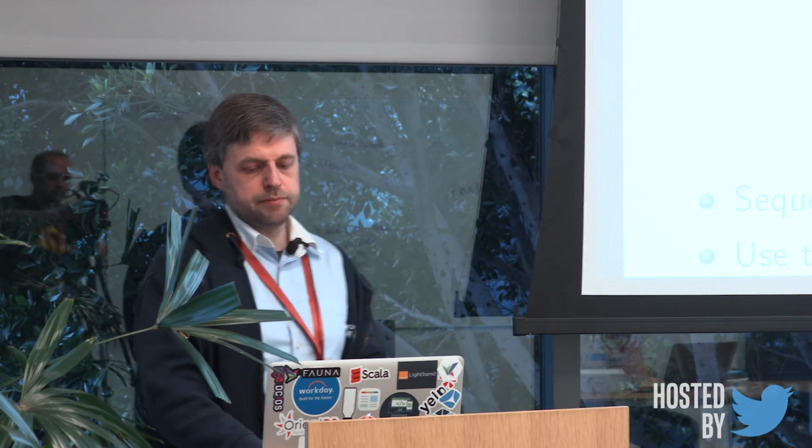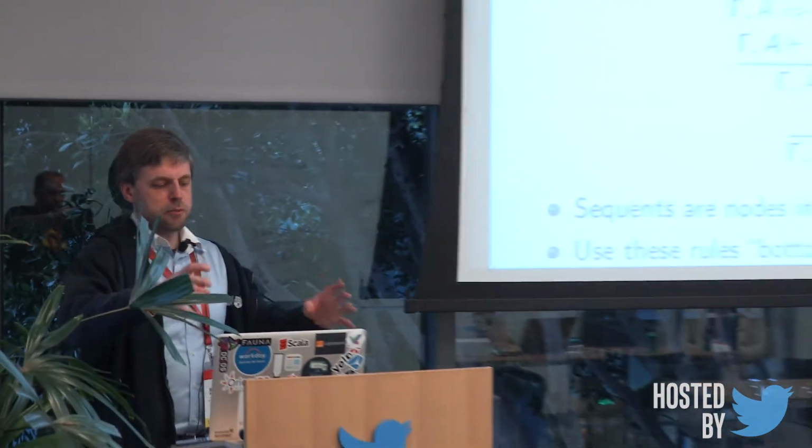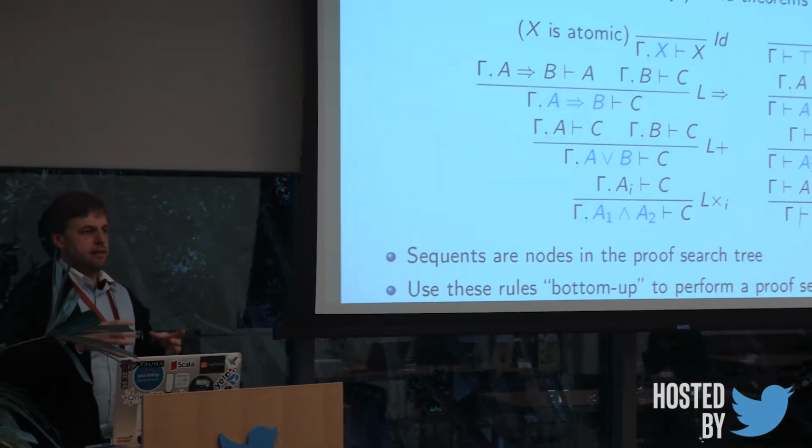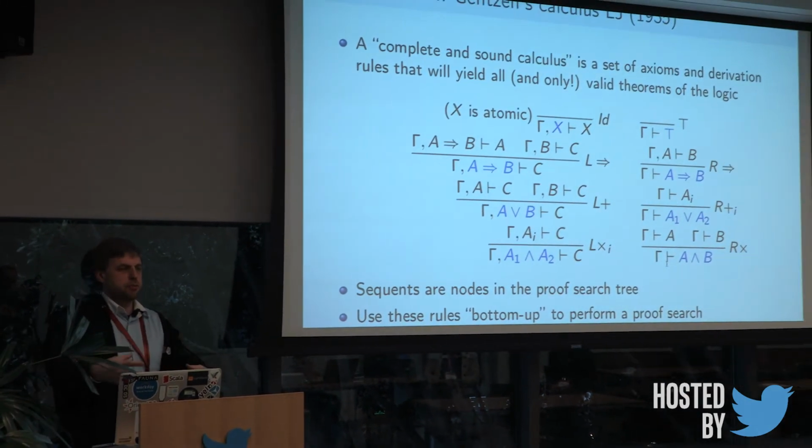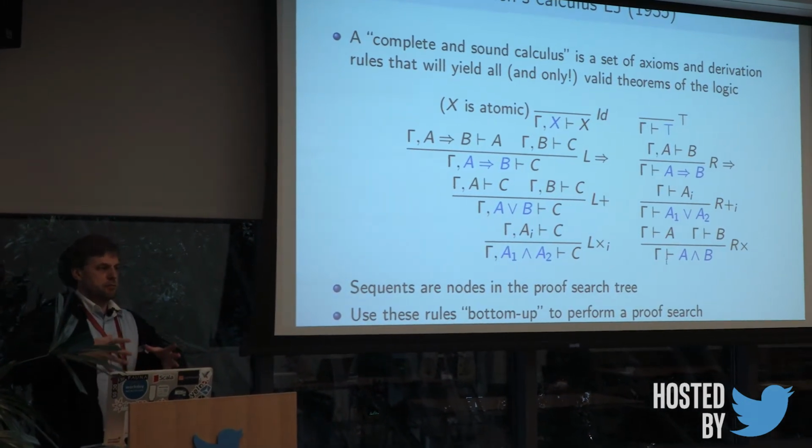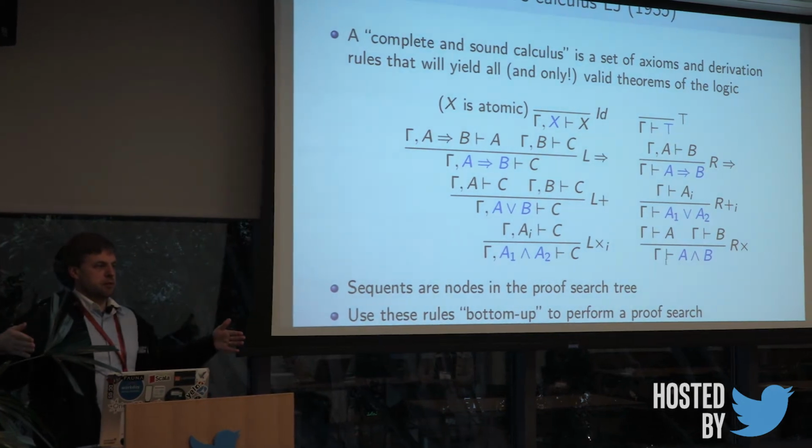So basically, you have little pieces of code that you assemble. As you found the proof, you can then build up this code that corresponds to it.